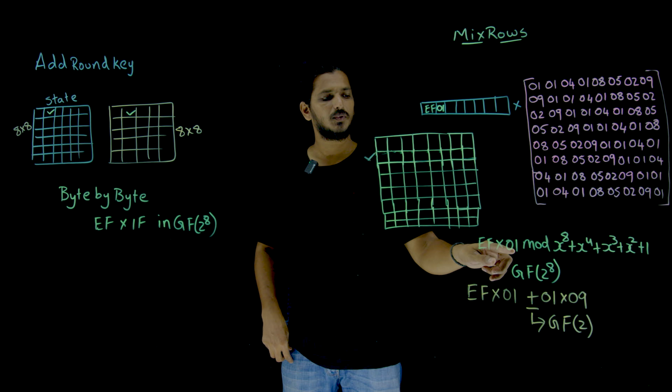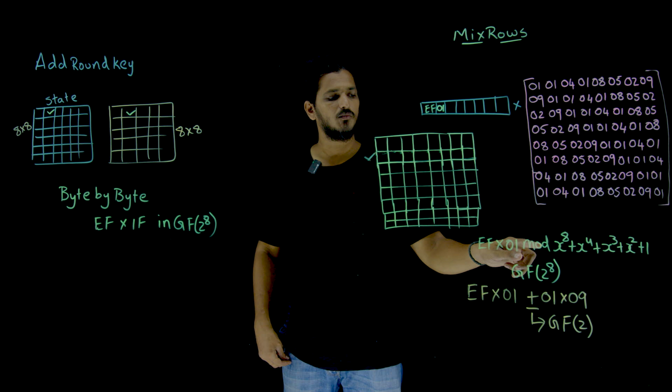So EF multiplied by 01. What does GF of 2 power 8 mean? You have to consider a prime polynomial, and the product is taken mod this polynomial. This is the prime polynomial we use in Whirlpool: x power 8 plus x power 4 plus x cube plus x square plus 1. In order to bring the result back to 8 bits, we use this prime polynomial.